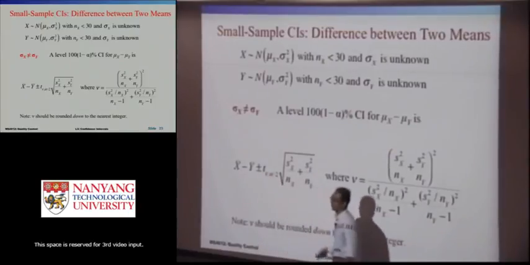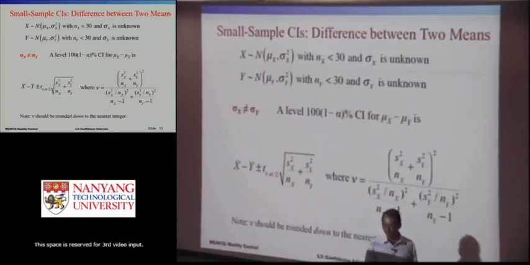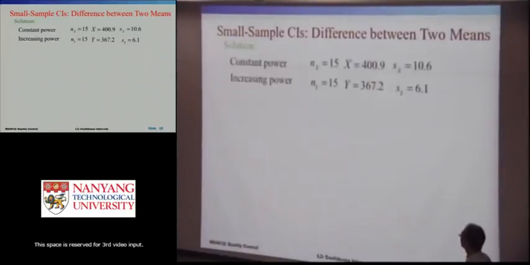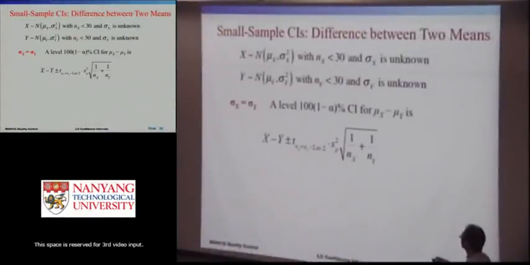All these formulas will be given, and you don't need to memorize them. The challenging part is how you judge whether the two populations have the same or different standard deviations. If they are different, you use this set of formulas. If they are the same, you use this set of formulas.